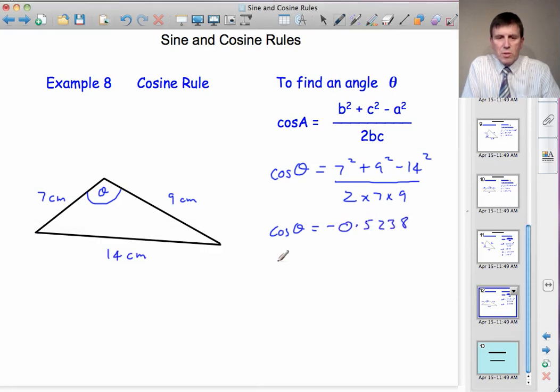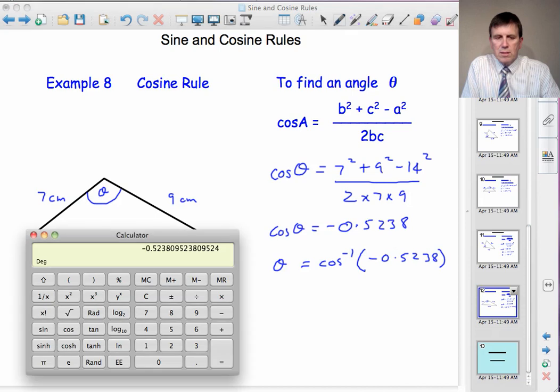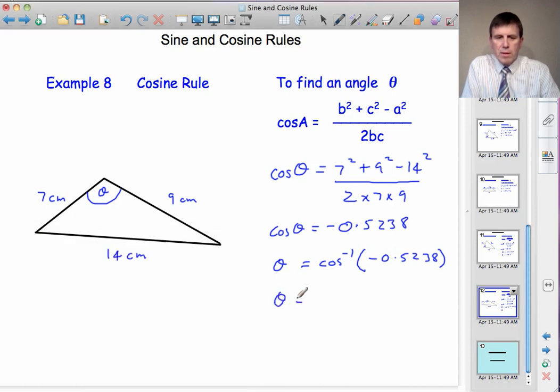So theta is cos to the minus 1 of this negative number, minus 0.5238. And there, sure enough, it gives me the obtuse angle, because the cosines of obtuse angles are negative. Theta is equal to 121.6 degrees.